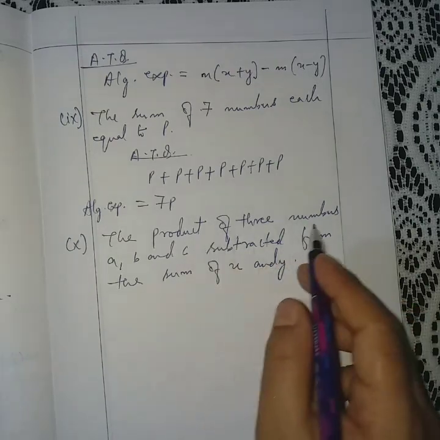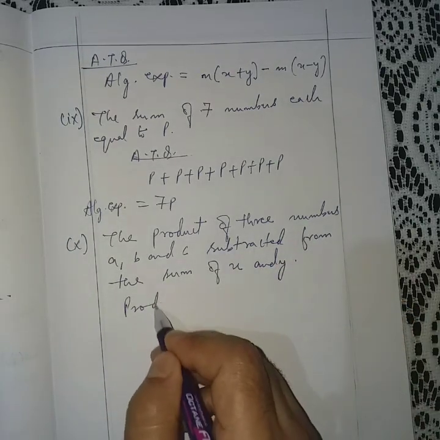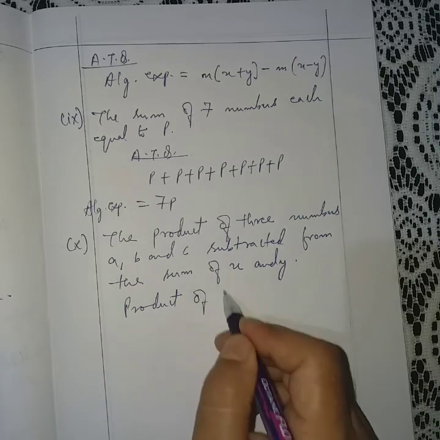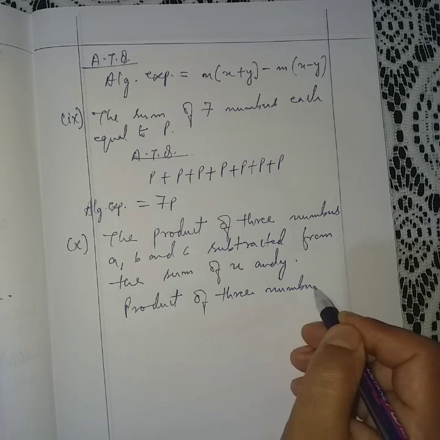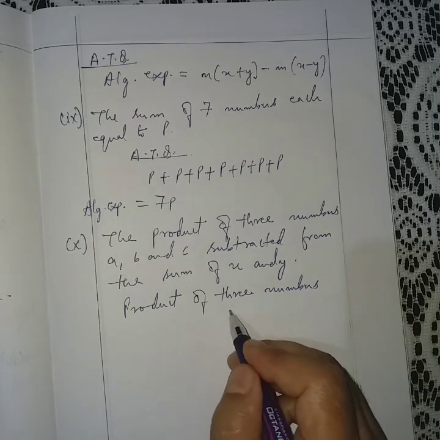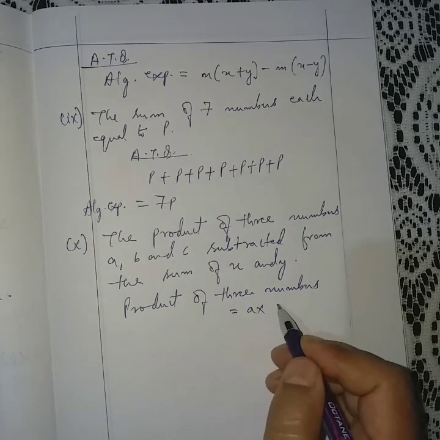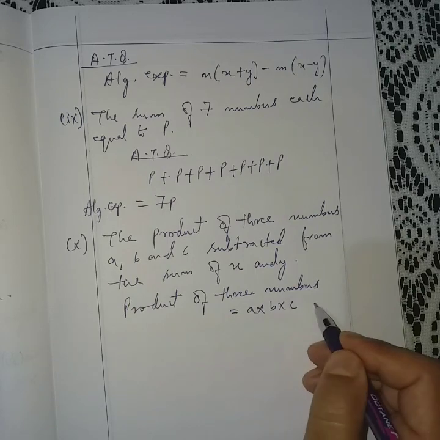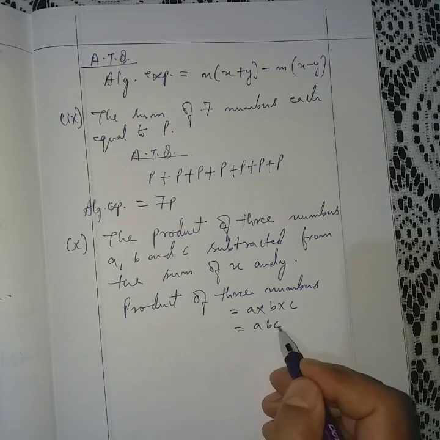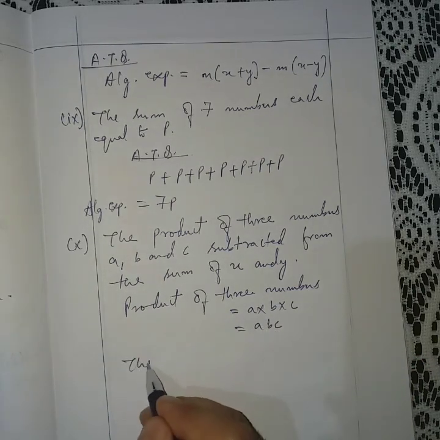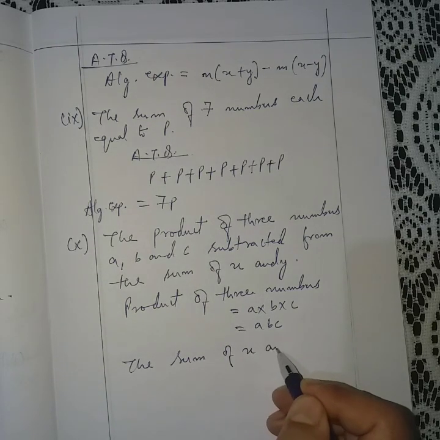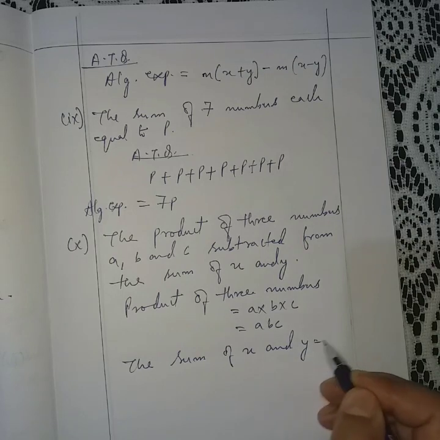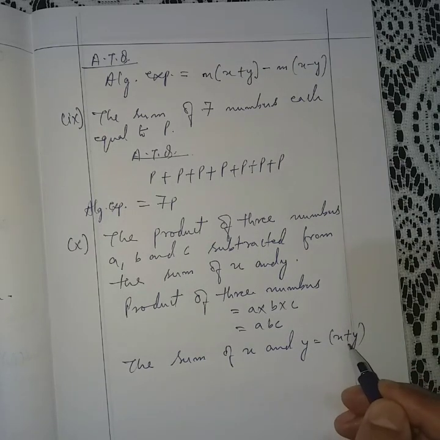Okay, so the product of 3 numbers is equal to a into b into c, that is abc. The sum of x and y is equal to x plus y.